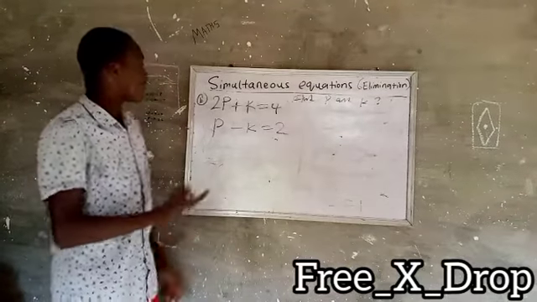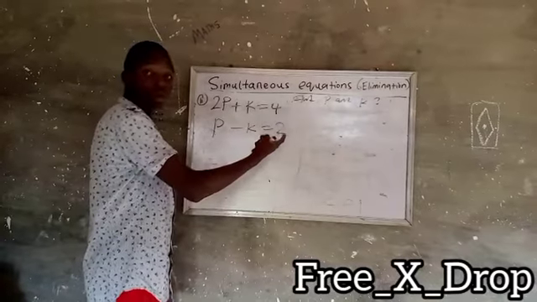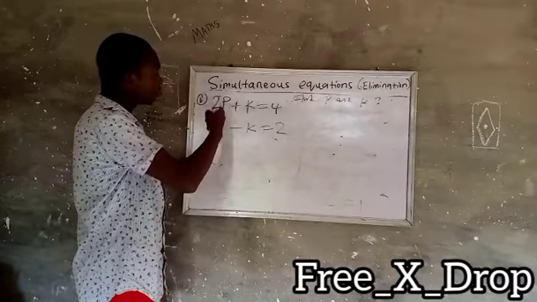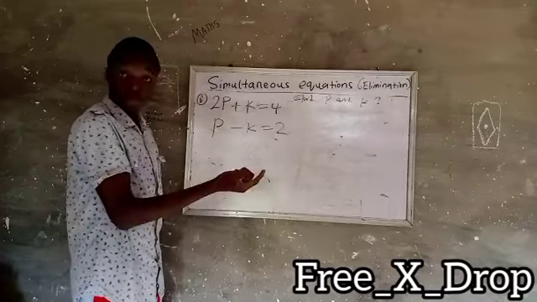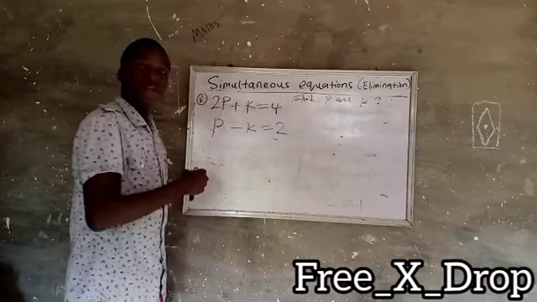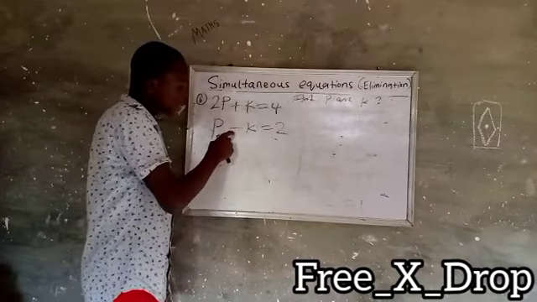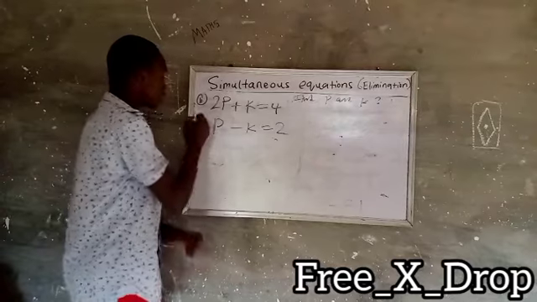So now you have something like this: 2p plus k is equal to 4, p minus k is equal to 2. Now what is here? Let's try the subtraction first. 2p minus p, you will get p, plus k minus k. We are trying subtraction.